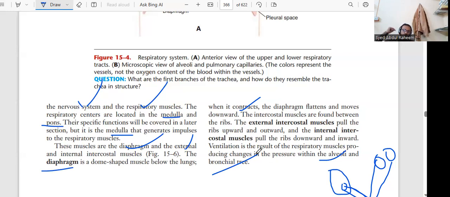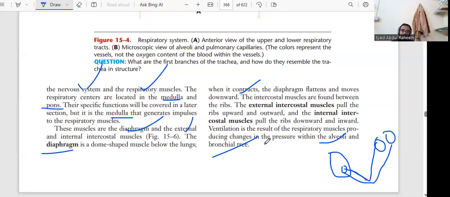The medulla is connected to the diaphragm, to the intercostal muscles, and to the external intercostal muscles. These three muscle groups in combination help with inhalation and exhalation.